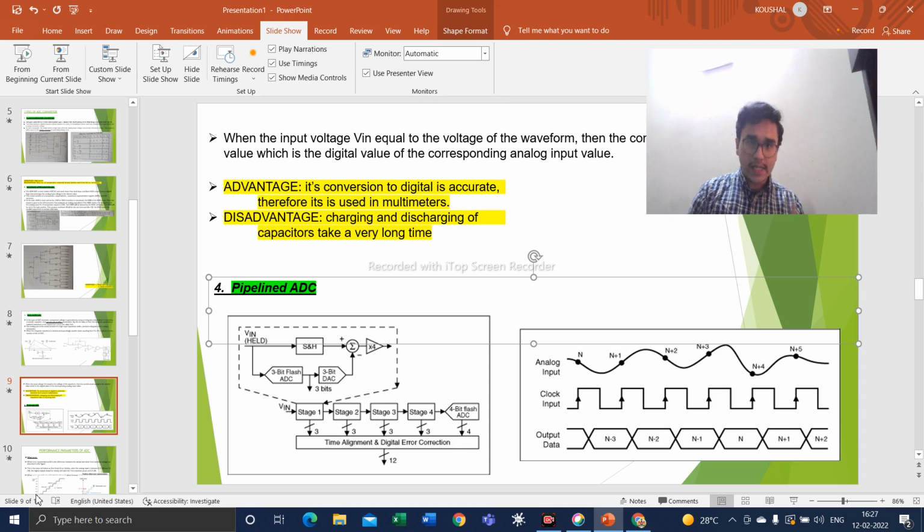When we look at the stages, in the first stage the input voltage is sampled and digitized using a k-bit analog to digital converter. We use a subtractor to subtract the difference from the input voltage, and then we use an amplifier circuit to create the output for the next stage. So this is the overall concept: in each and every stage, this is the operation that will be followed.